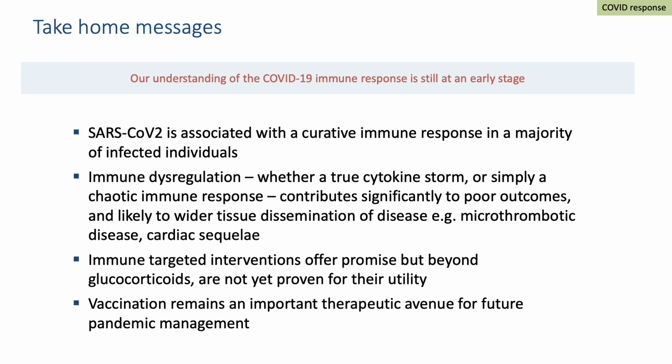That in turn leading to damage to the heart, damage to kidneys, damage to the endothelium and all that goes with that. Regardless, this raises the enticing possibility of immune-targeted interventions. We've already demonstrated that glucocorticoids offer value, but what about highly specific interventions that could potentially deliver the same or even greater value, but with reduced potential for toxicity? And of course, vaccination remains our long-term hope.